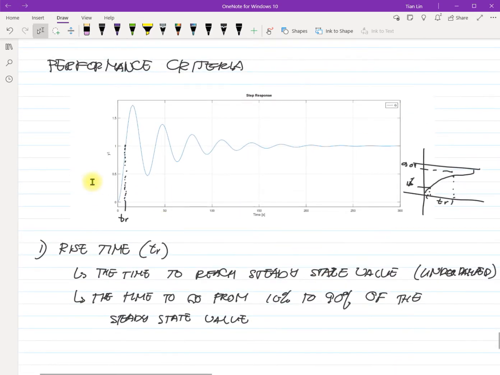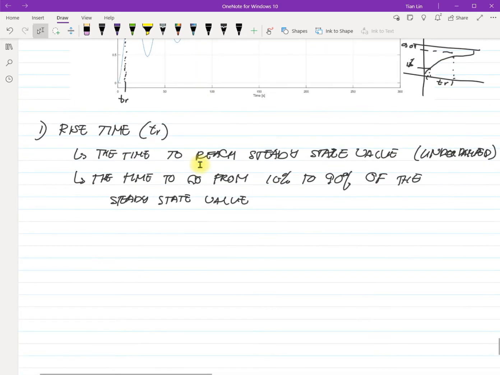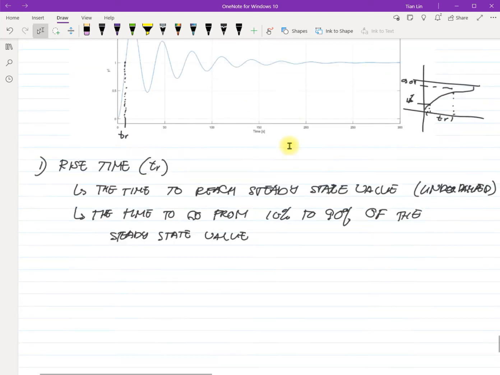So let's focus first on the underdamped system. So based from the definition, let's take a unit step because this is a unit step response. The final value is 1, the gain is 1.